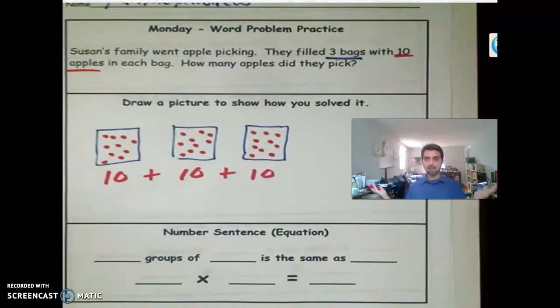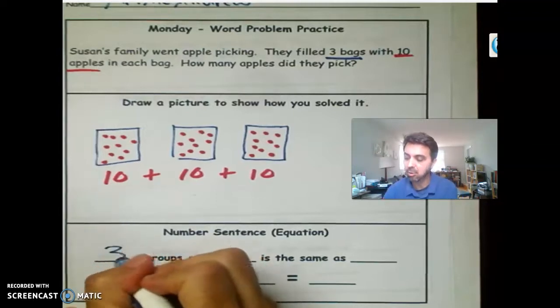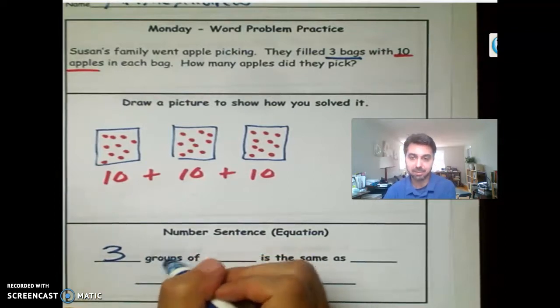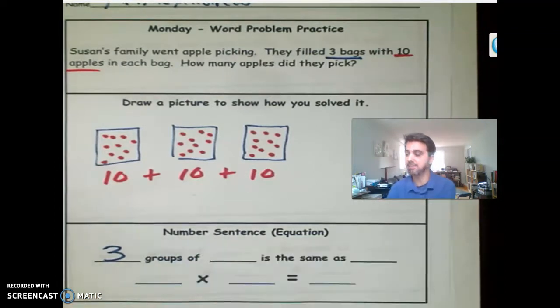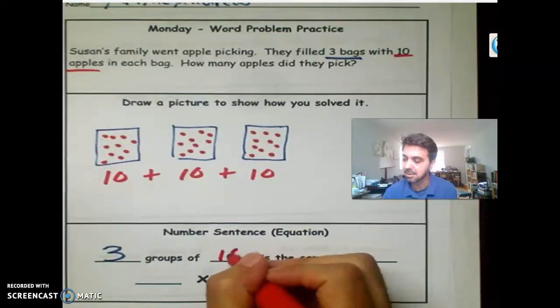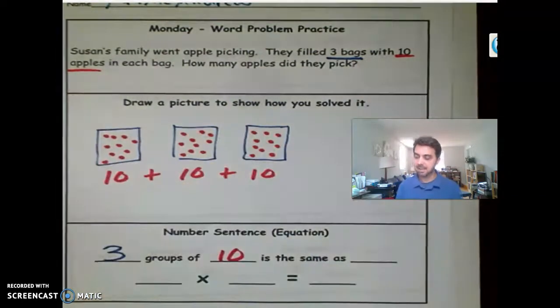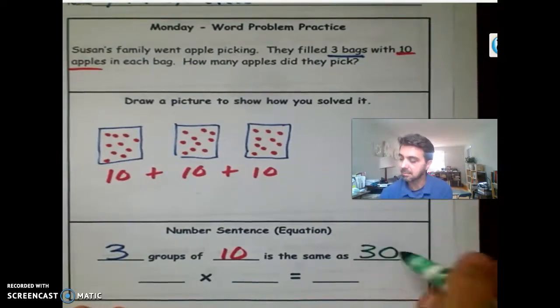So what does our number sentence look like? Well, we have 3 groups, or bags. So 3 groups of 10 apples. 1, 2, 3 groups of 10 is the same as 30.